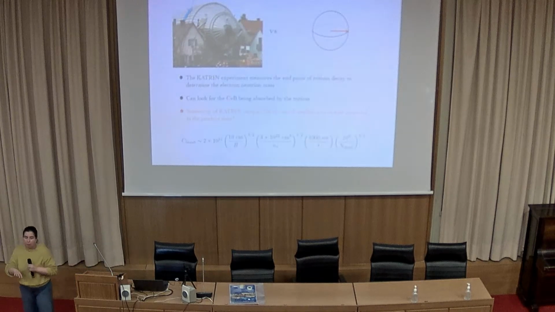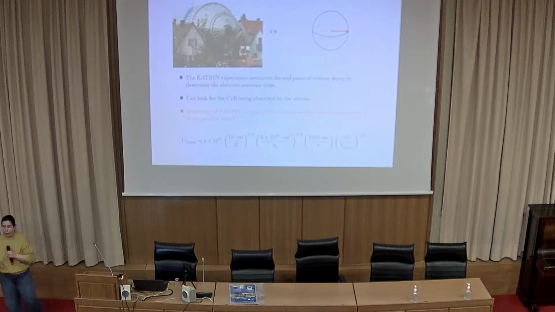So you can see this by doing a bit of an unfair comparison with an existing experiment. Okay, KATRIN is an experiment in Karlsruhe that has been designed to measure the endpoint decay of tritium. So it's trying to measure the mass of the neutrino.